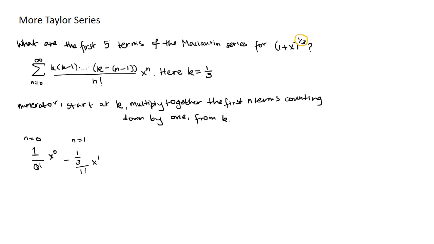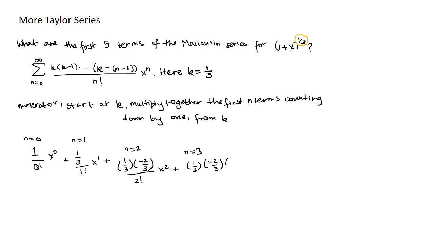For n equals 2, we start at 1/3 and we count down to negative 2/3. We're multiplying these two terms together and dividing by 2 factorial times x squared. Then we go to n equals 3, so we start at 1/3, we count down until we have 3 terms written down.